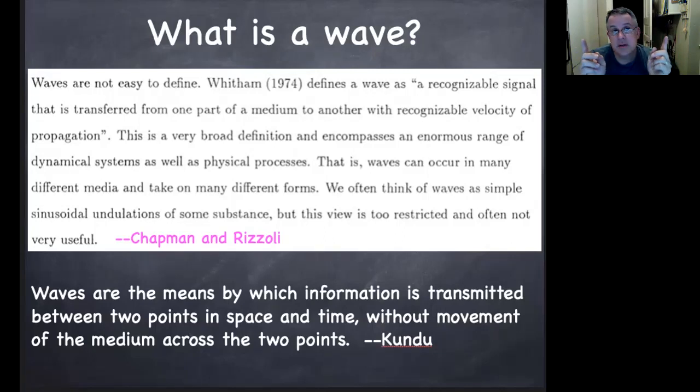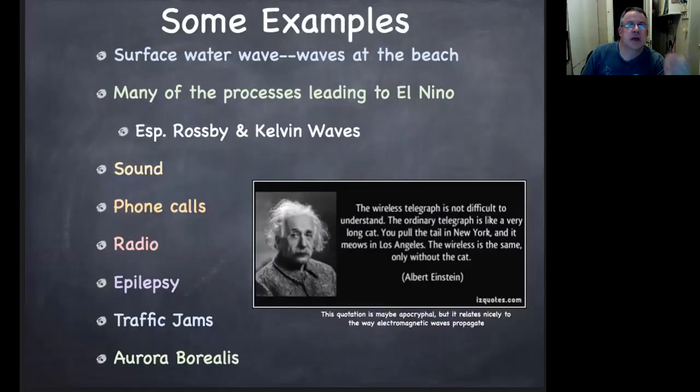The wave just moves the fluid, but it doesn't move the fluid from point A to point B in order to transmit the signal. The wave is information connected through the motions of the fluid, but not propagating with the motion of the fluid. Key distinction.